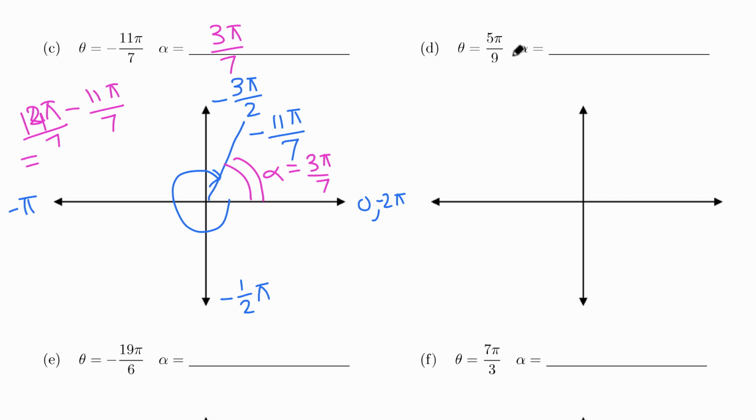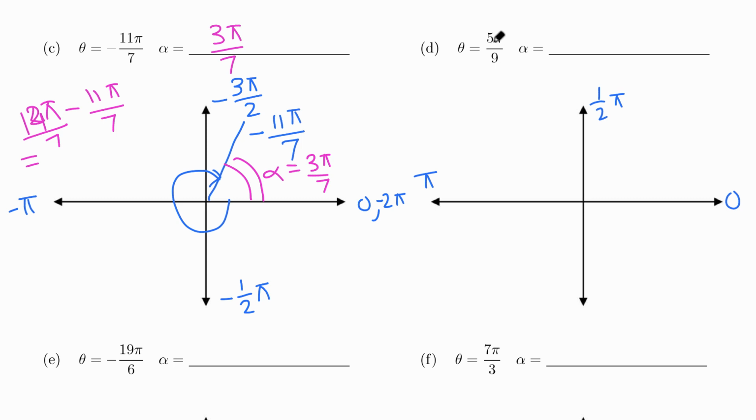Okay, now let's do the same thing. So we got 5 pi over 9. It's positive. So here we got 0, half pi, pi over 2, and 1 full pi here. So 5 over 9 pi's. 5 over 9 is bigger than half, because half of 9 would be 4.5.